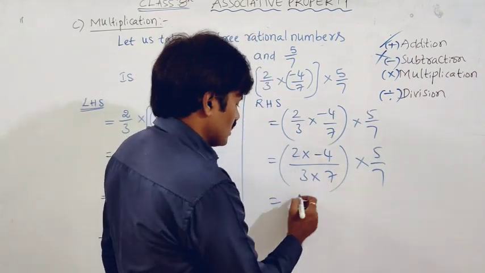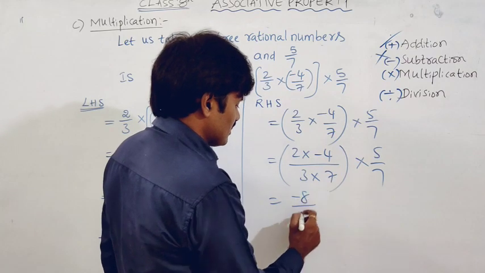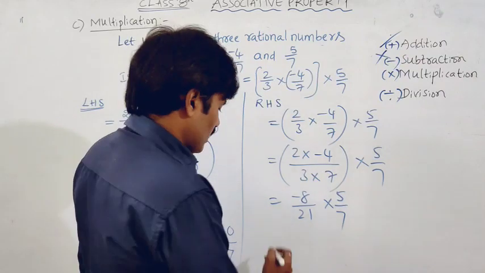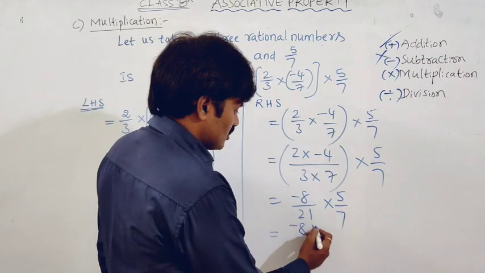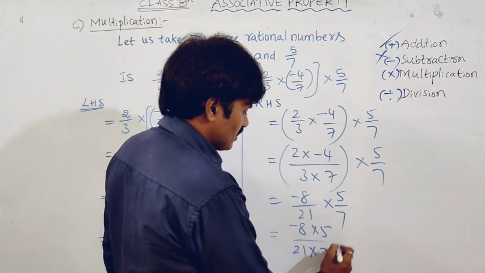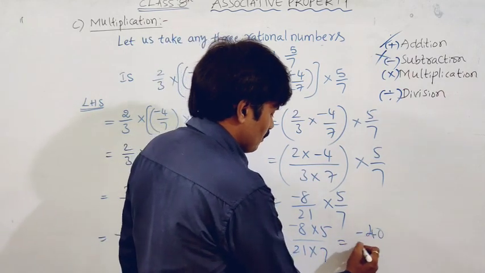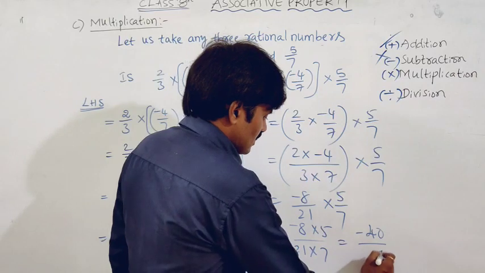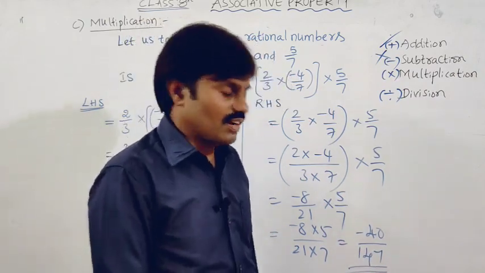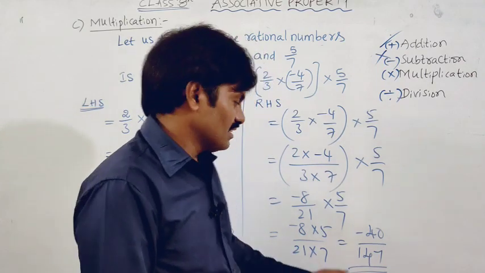Now 2 into minus 4 is minus 8 by 3 7s are 21, into 5 by 7. Now multiply. So minus 8 into 5, numerator into numerator, by denominator into denominator. That gives us minus 40 by 7 1s are 7, 7 2s are 14, 147. Minus 40 by 147. Is it clear?